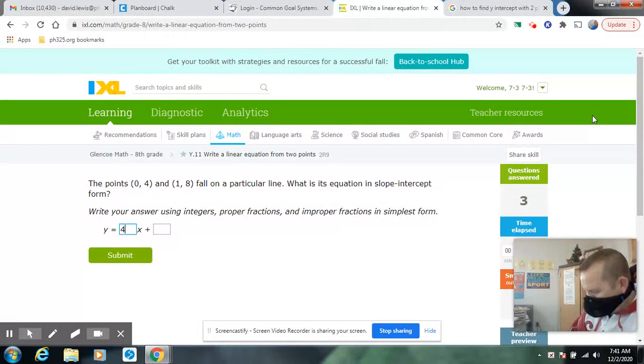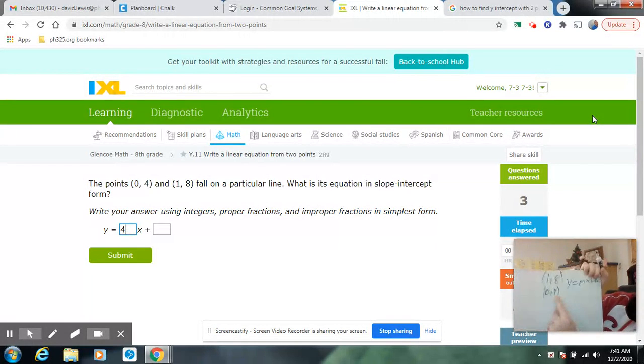Again, now we'll use 0 comma 4 to plug into our equation. So y equals mx plus b. So again, there's my y. So 4 equals my slope, which is 4, times my x, which is 0, plus b.